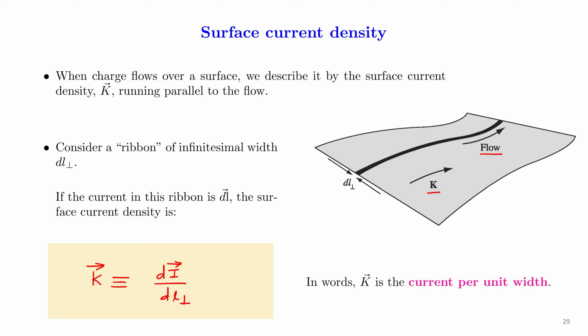In other words, K is a current per unit width. We denote this width as dl perpendicular because this width is perpendicular to the direction of current flow.